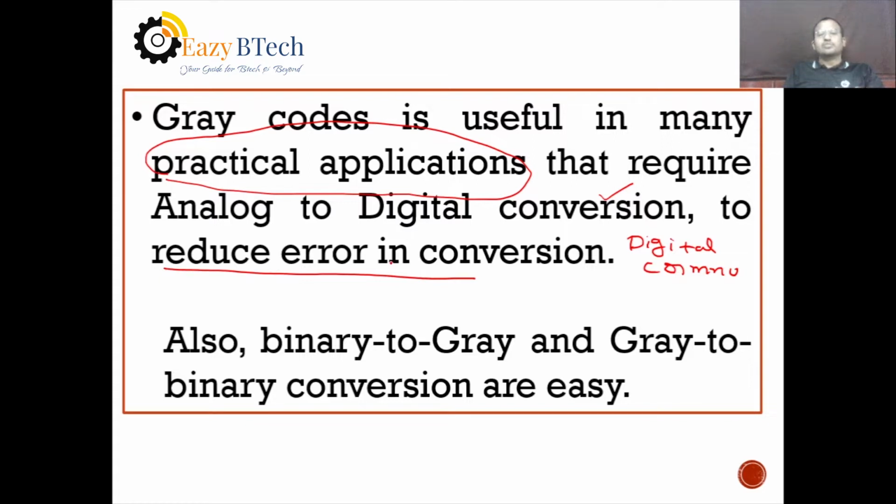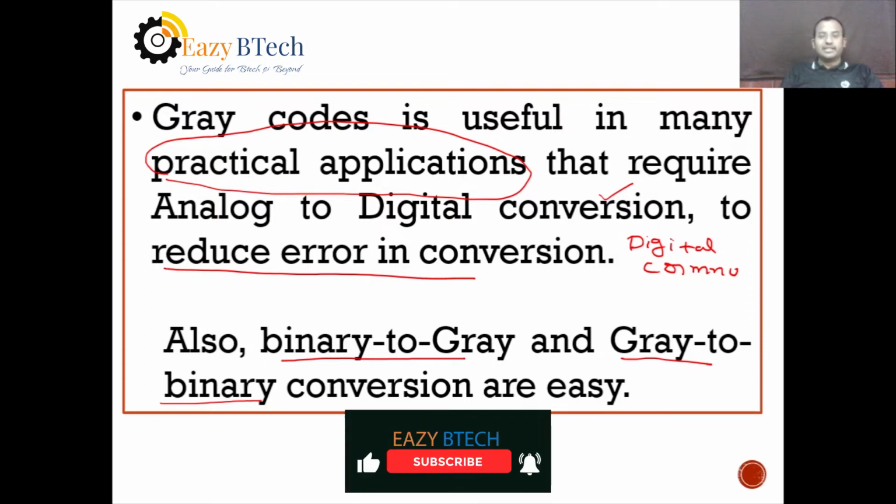That's why this is one of the most important codes that everyone should know. Also, binary to gray and gray to binary conversion are very easy. Unlike other codes, the circuit required for these conversions is very simple, which we will see later.